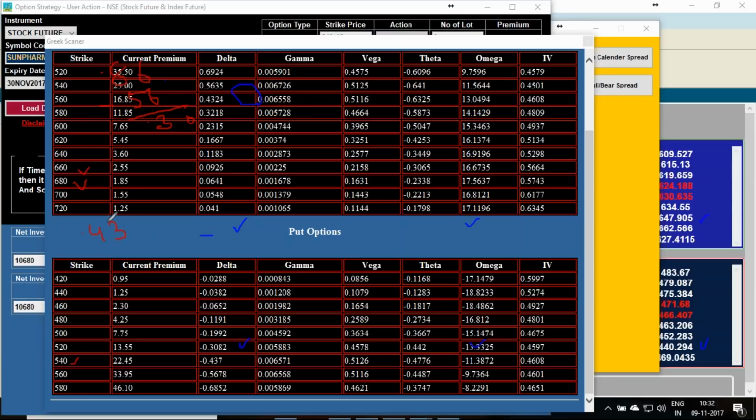By buying 2 lots of 520 put I am getting negative 0.62. So this is negative and this is positive. If I add this factor here, I get negative 0.18. Previously it was positive 0.30. So by this process we managed the delta and brought it towards zero.